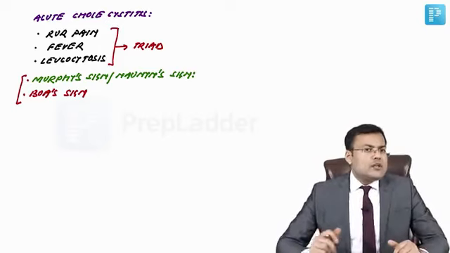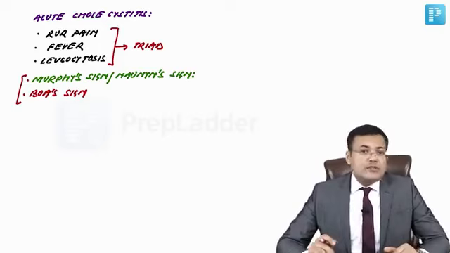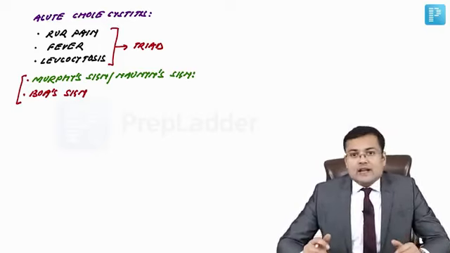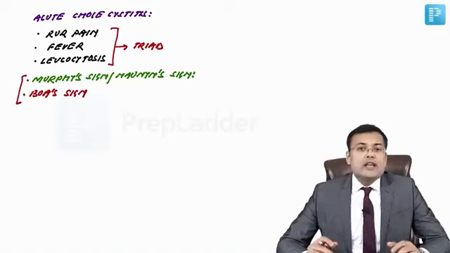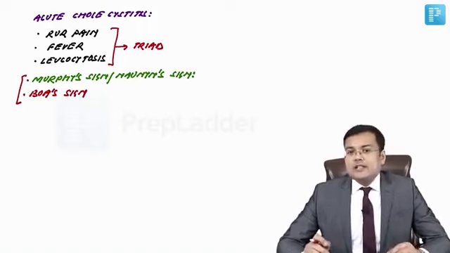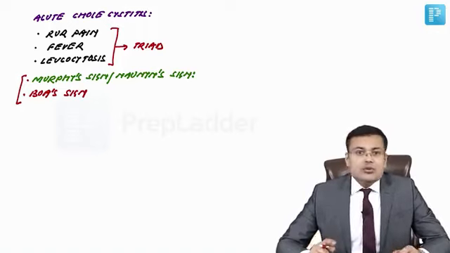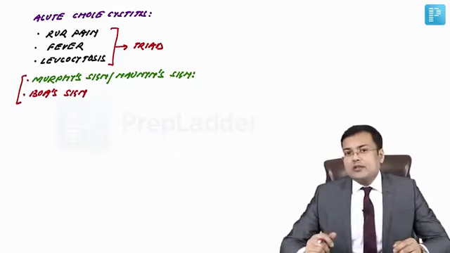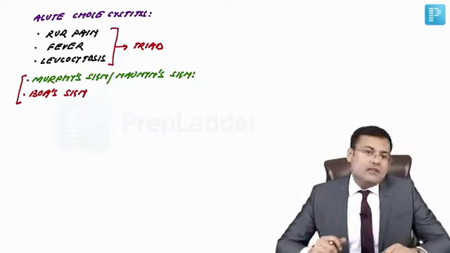We discussed what is the investigation of choice for diagnosis of acute cholecystitis? Ultrasound. And what is the gold standard investigation for diagnosis? HIDA scan. So investigation of choice, ultrasound. Gold standard investigation, HIDA scan. Now the treatment depends on whether the patient presents within 72 hours of attack or after 72 hours of attack.